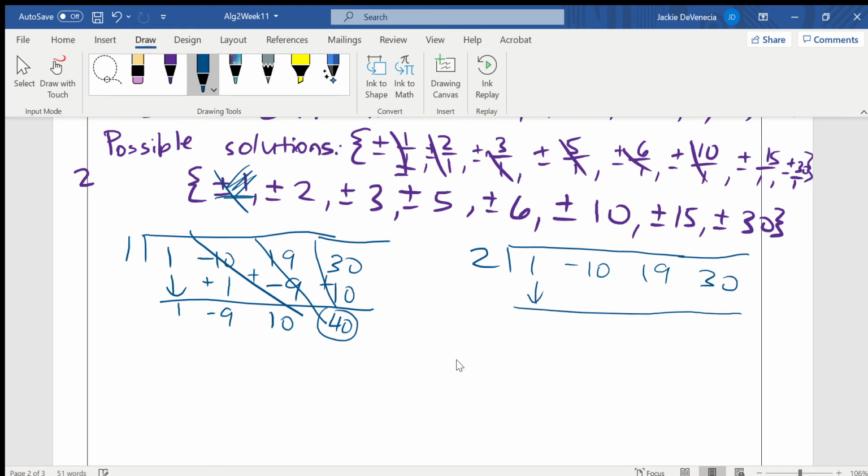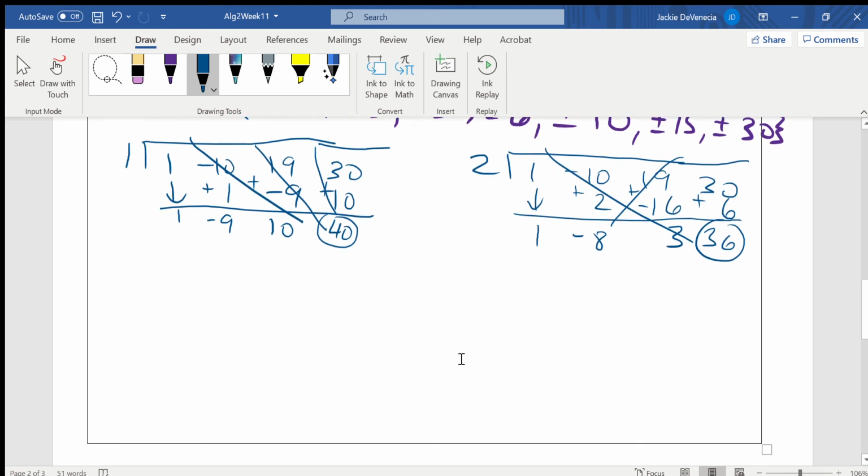So again, bring down, multiply, add. Multiply, add, multiply, add. Okay, so the remainder is 36 from here, it won't work. So 2 won't work. Let's look at 3.